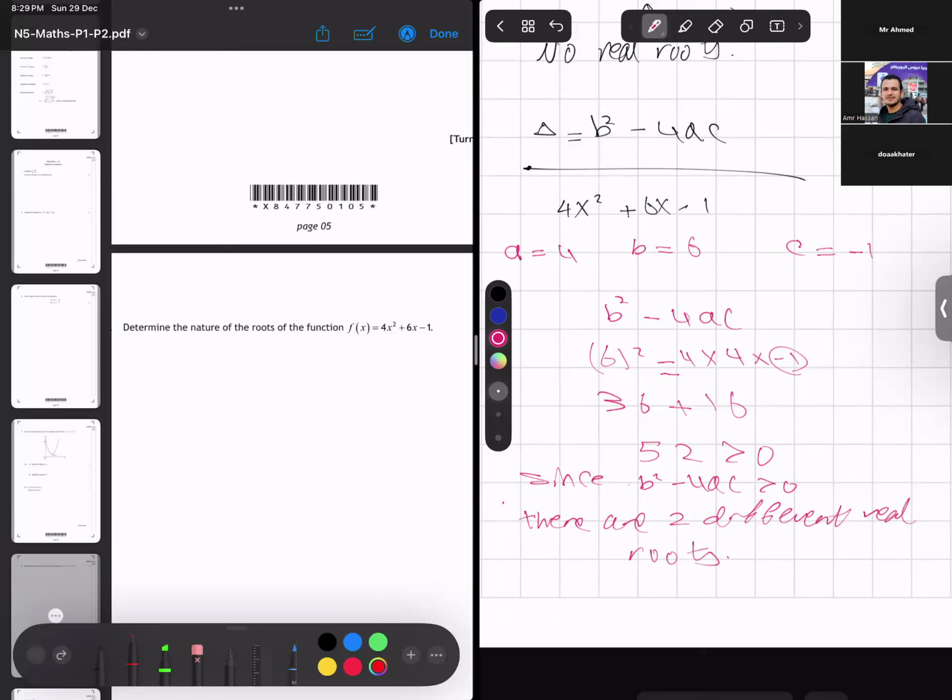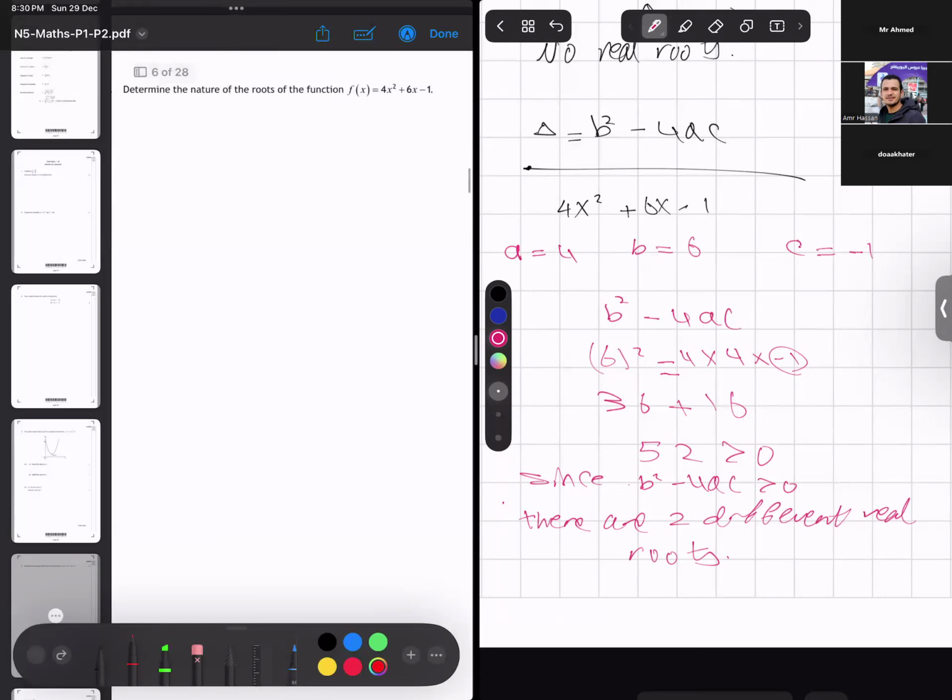Sometimes we call it two distinct real roots. Anyway, the point is, every single time, he didn't ask you to find the two real roots. He asked you to determine the nature. So in this case, you have to use the discriminant. You get it? Yeah.